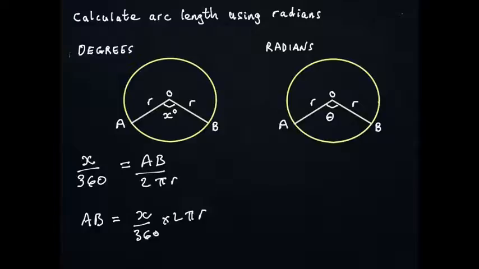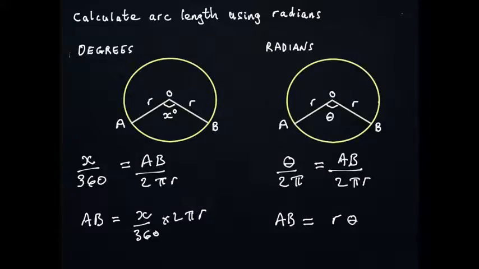If we measure the subtended angle in radians, then the pair of equivalent fractions are theta over 2 pi equals the arc length AB over the full circumference 2 pi r. Therefore, the arc length AB, if the subtended angle is measured in radians, is going to be given by the formula r theta.